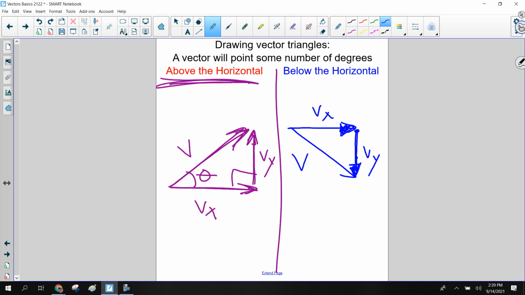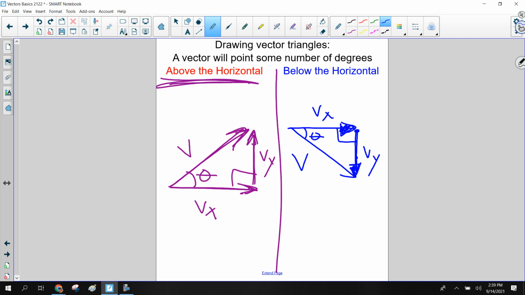Once again, here's your angle, here's your right angle. Every single triangle you draw in this class for the next at least few sections is going to be one of these two. Later on we'll learn about some exceptions, but for now, this is what you need to know.